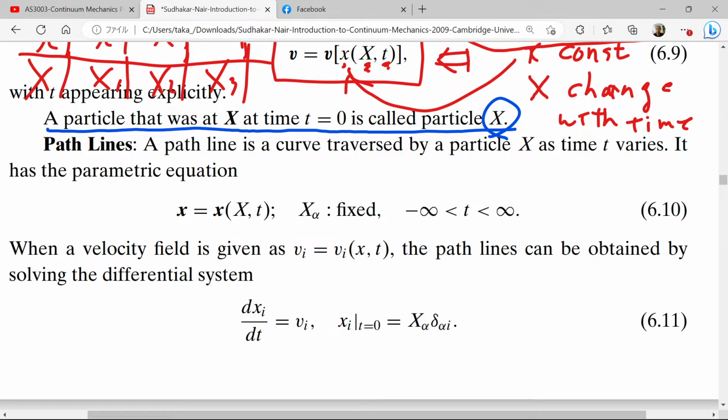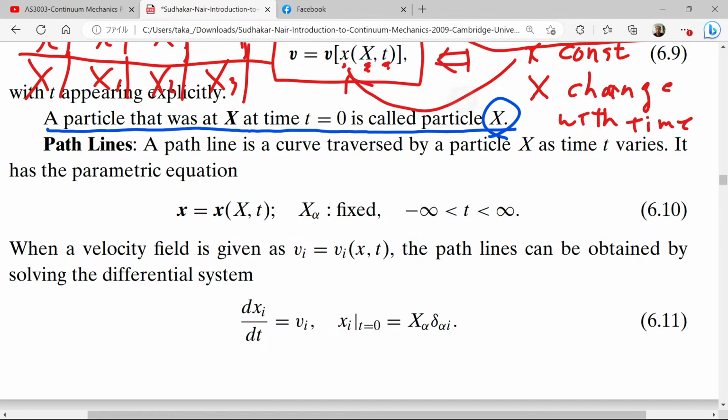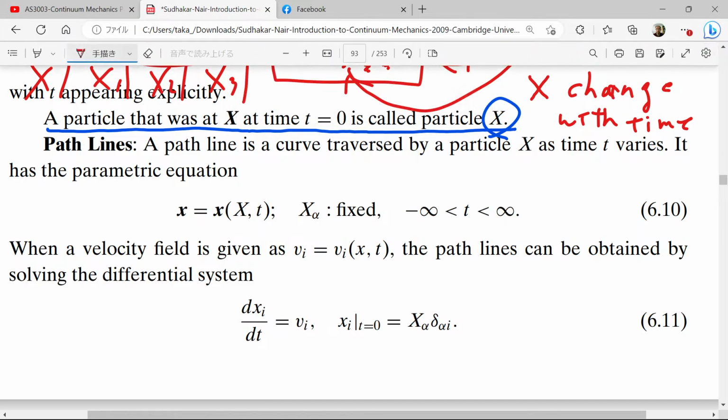A path line is a curve traversed by a particle x as time varies. It has a parametric equation: small x equals a function of large x and t. At t equals 0, you just consider the spatial field.